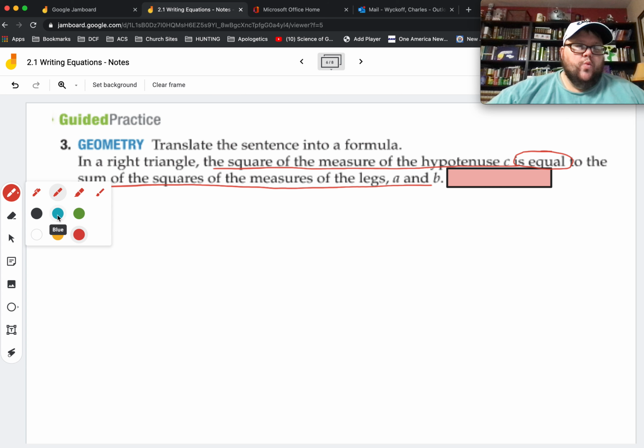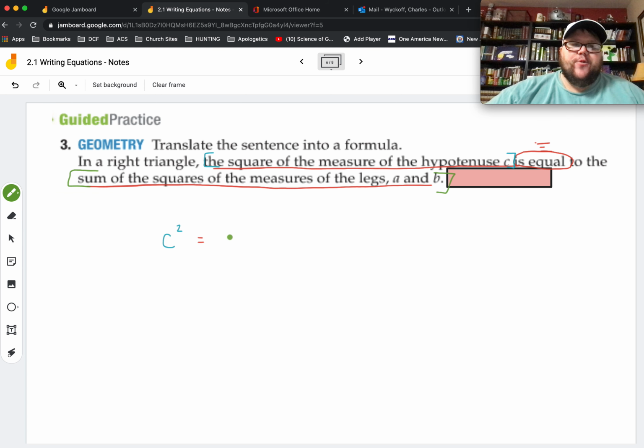So on our left side, we have the square of the hypotenuse C. So we're going to let the hypotenuse be C. And so C squared is equal to, and then we're going to do our right side, the sum of the squares of A and B.